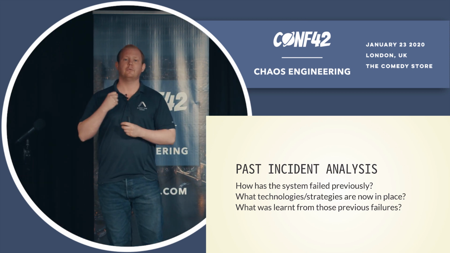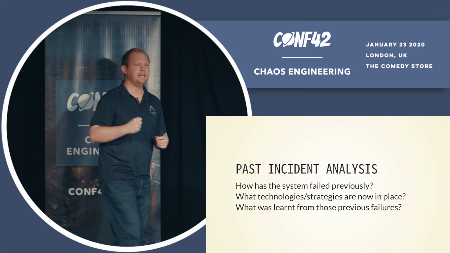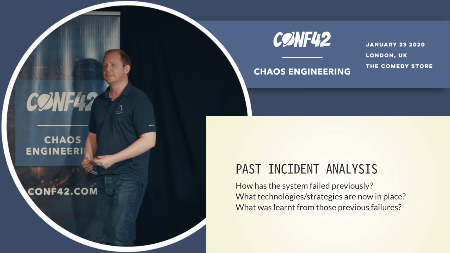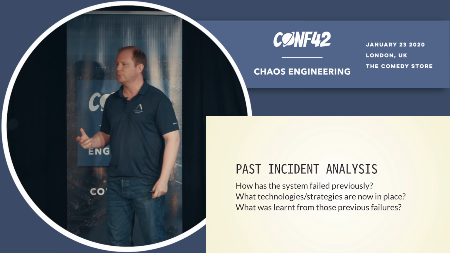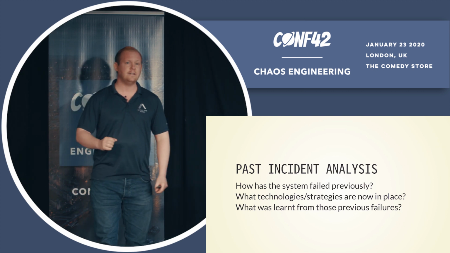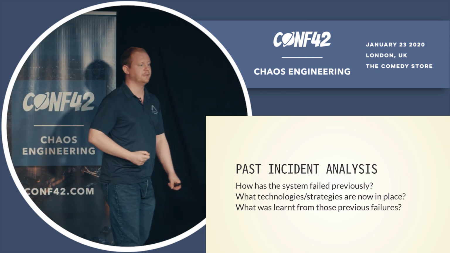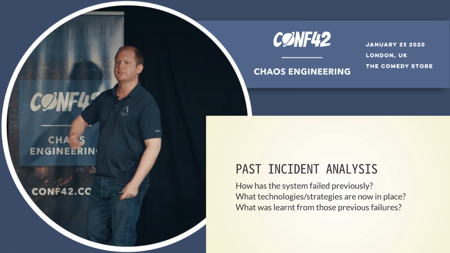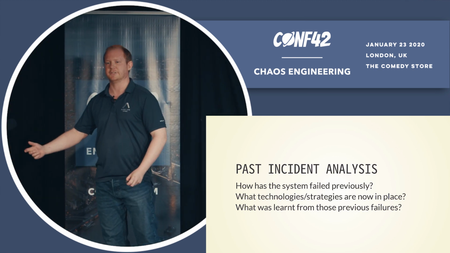So maybe we want to run a chaos engineering experiment against that HA strategy to further build confidence in our systems so that they will react as we expect them to when, not if, they encounter a failure. Because we want to learn from the previous failures, and that'll guide us to our future experiments.